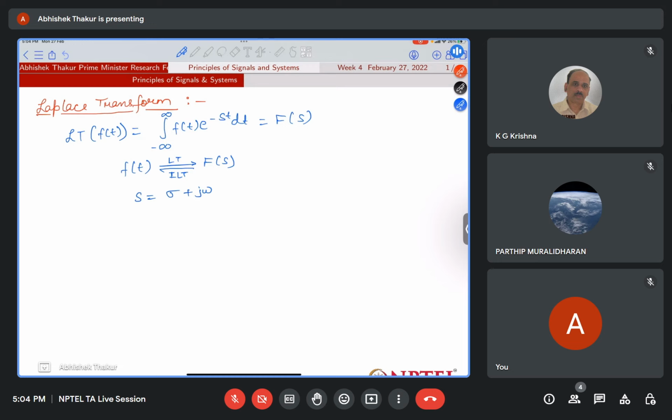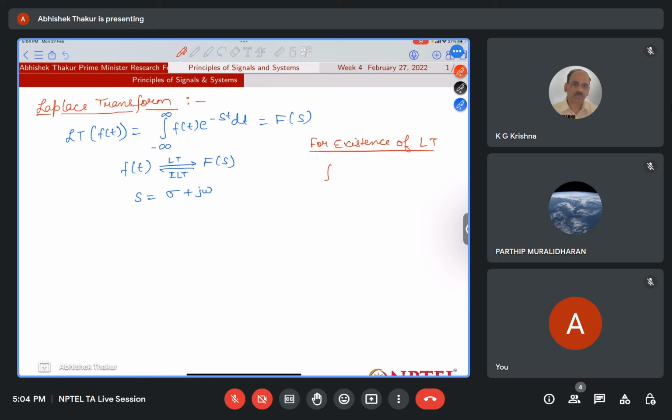For the existence of Laplace transform, this condition should be true. It should converge in the region of convergence.